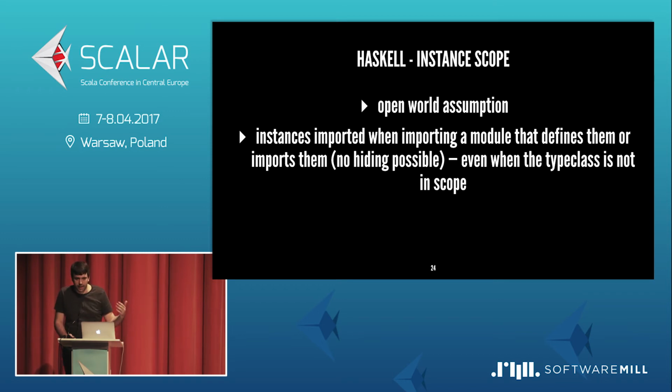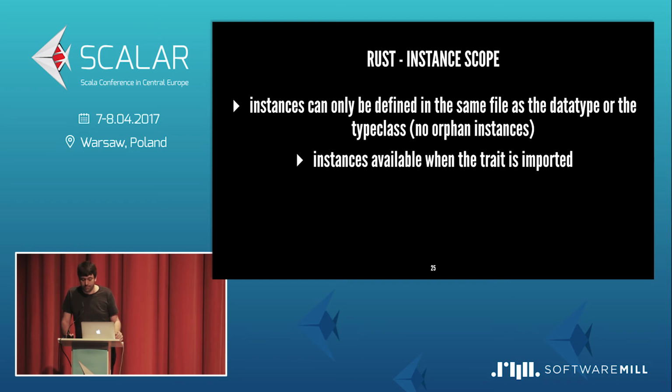So let's say you have modules A, B, and C. B imports A, and C imports B. You will see anything that was defined in A in module C as well. And also importantly, this is true for any type class instance, regardless of whether the type class itself, the name of the type class, HasArea in this case, is in fact imported in your module.